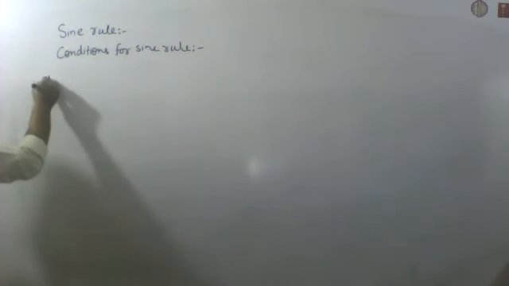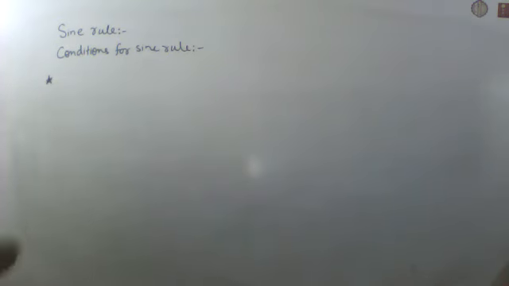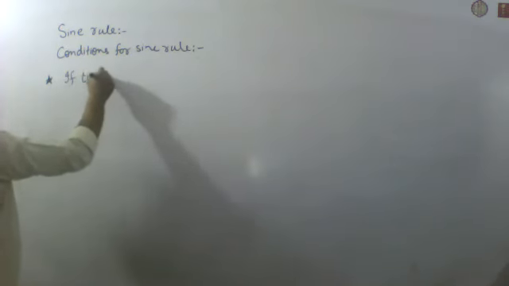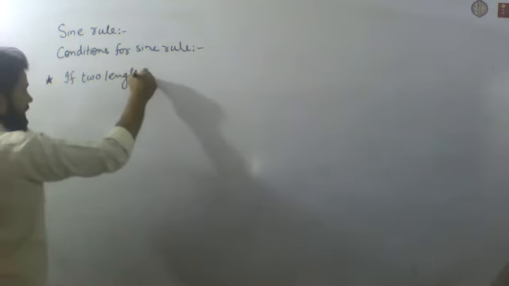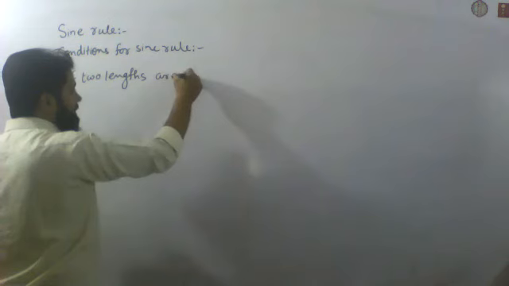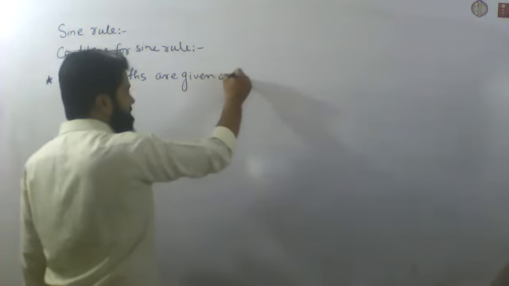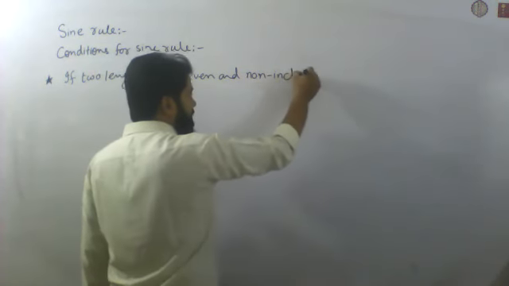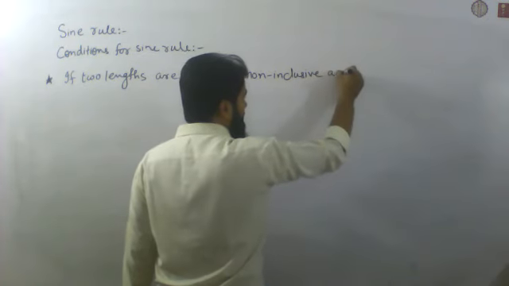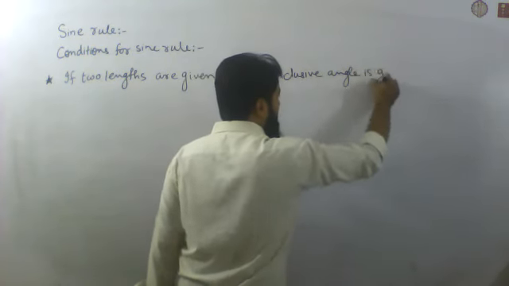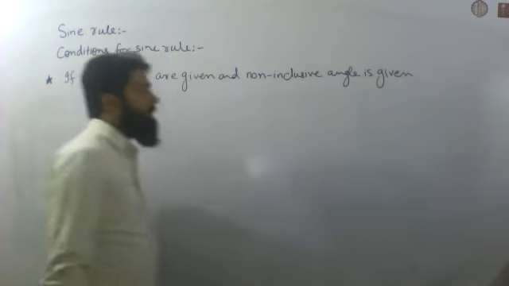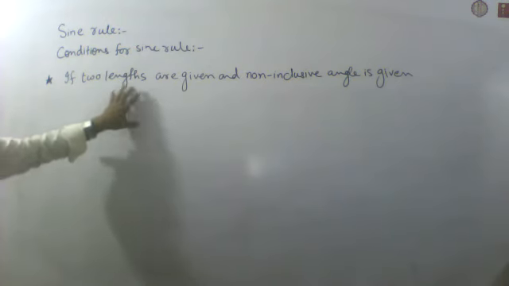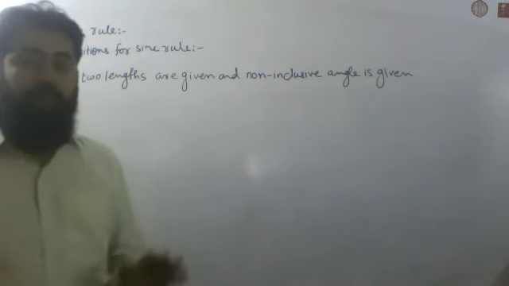The second condition in which I can have sine rule is that if 2 lengths are given and a non-inclusive angle is given, then you will apply sine rule.